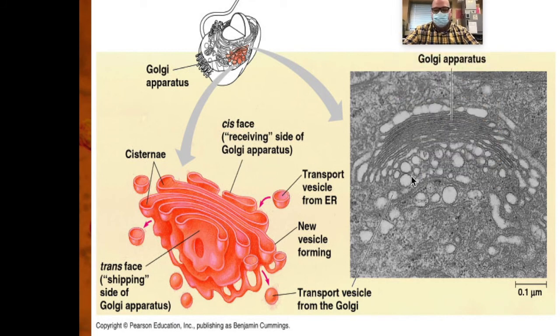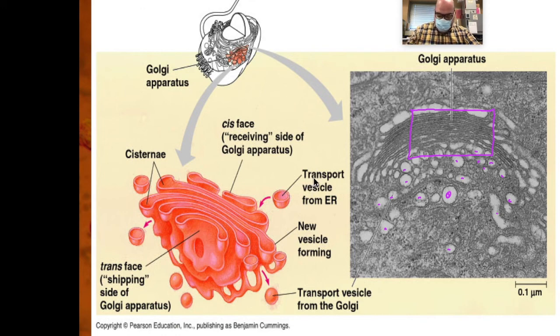Underneath my picture, you can see it there. If you look really close right here, this is where you see the stacks of tortillas, and you can see the vesicles starting to come in or out of it, and it's going to be different products in those.